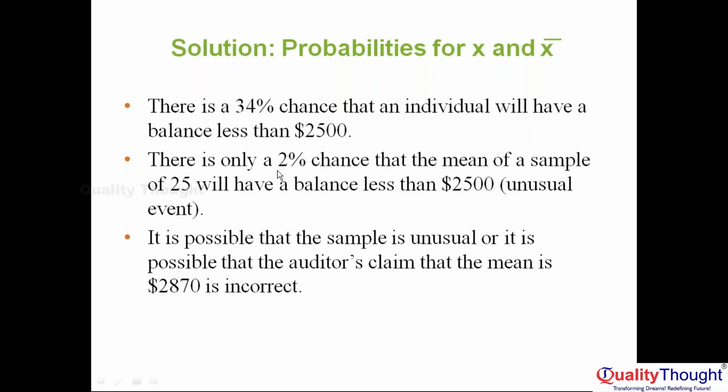Why? Because there is only a 2% chance that the mean of a sample of 25 will have a balance less than 2500. Not only that, there is a 34% chance that an individual will have a balance less than 2500. From these two statements, we can clearly come to the conclusion that the auditor's claim is most likely incorrect.